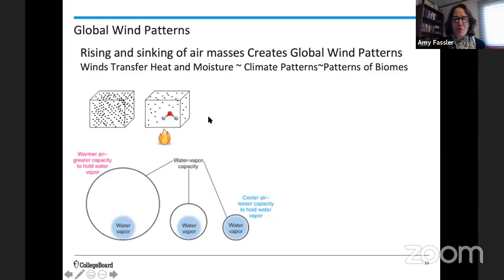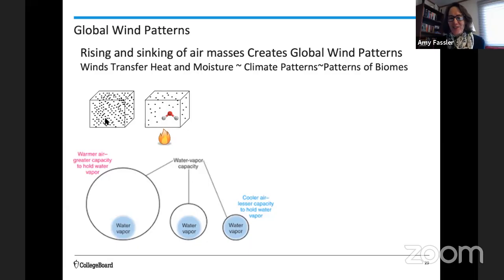There's just not room for those little water vapor molecules to slip in there. So now we want to relate not only temperature and altitude, but what happens also to that air mass as it's rising and cooling, and the air mass gets more dense and it can't hold as much water.